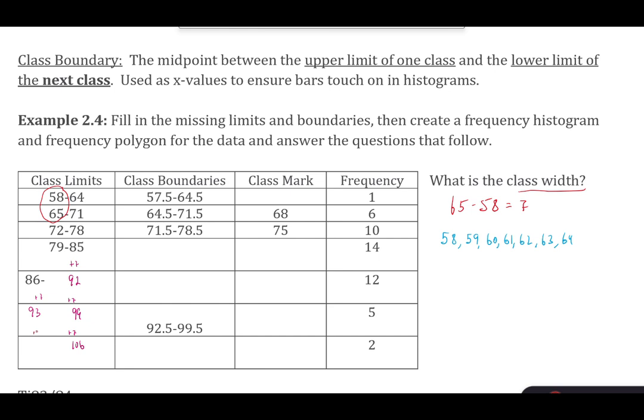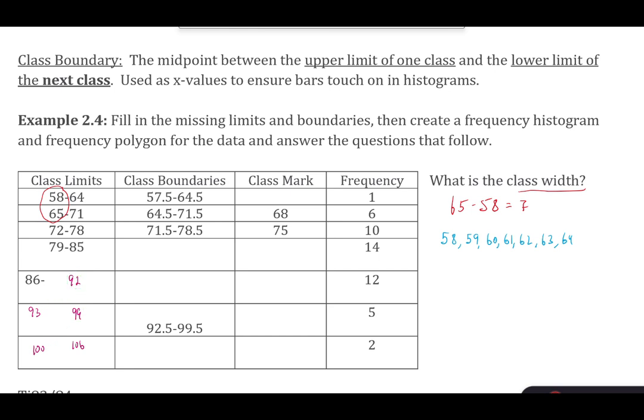We can add 7 to the 93 to get 100. I'm going to remove those plus 7s just so we don't muddy the waters here while we're working. You'll also notice that the number immediately after the 92 is 93. The number immediately after 99 is 100. So we're not skipping any values.